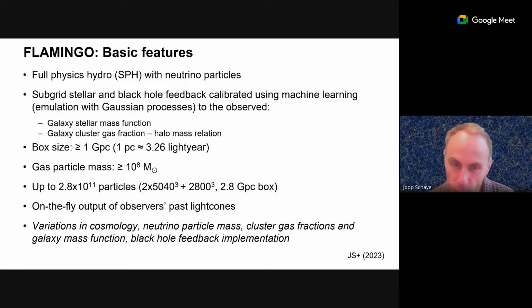And what we need to do then is choose some observations to calibrate our free parameters on. And there's two observations we use for this. One is how many galaxies are there as a function of their mass, and that basically sets the efficiency of the supernova feedback. And the other one is how much gas is in clusters of galaxies as a function of their mass.